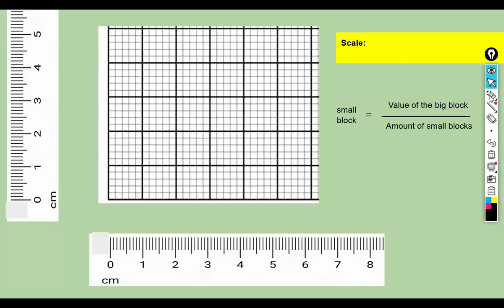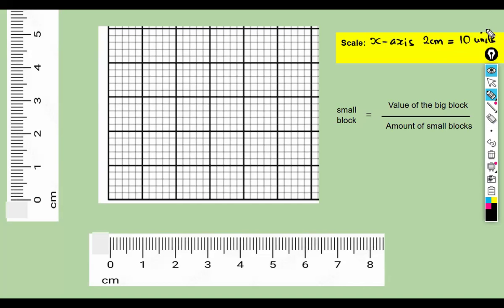Now, if I tell you that on the x-axis, you'll see it written somewhere, the examiner says the scale is 2 centimeters equals 10 units.